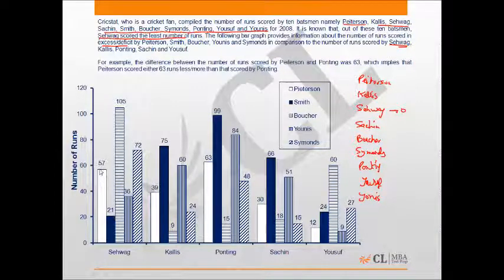So Peterson and Sehwag, the difference of the runs is 57. So Peterson must have scored 57 runs only.